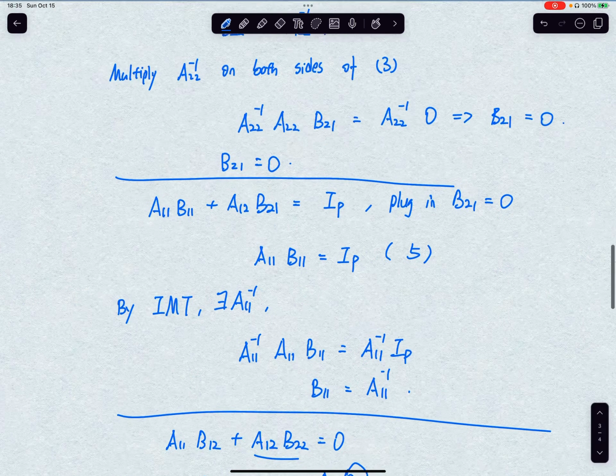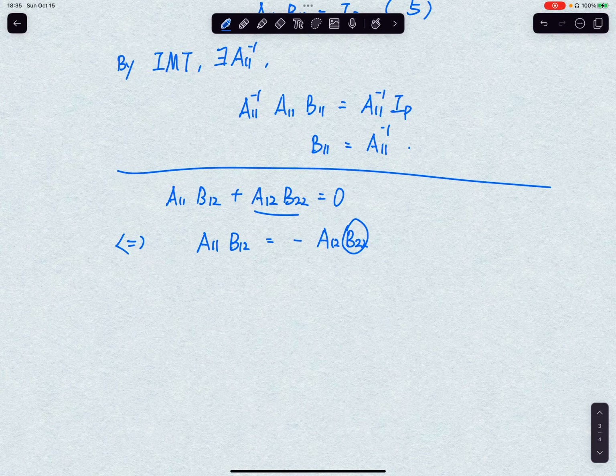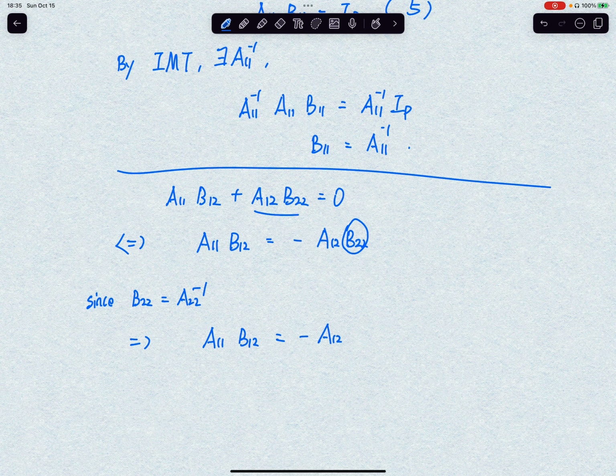We have shown that B22 equals A22 inverse, so we can plug this in. Since B22 equals A22 inverse, we have that A11 B12 equals minus A12 A22 inverse.